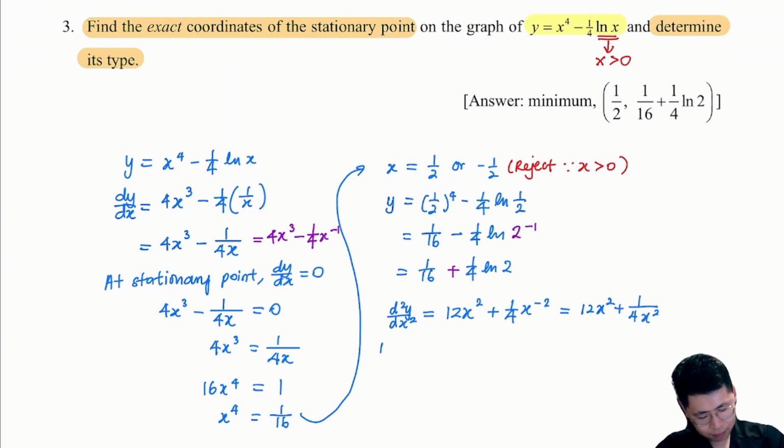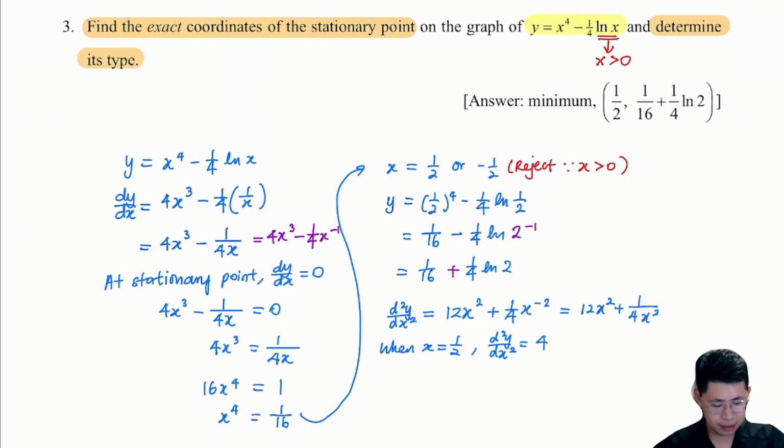So when x is equal to half, putting all this into your calculator, d2y/dx squared is equal to 4. Because of this, this is more than 0. So the coordinates are half and 1 over 16 plus 1 over 4 ln 2. This is the exact coordinates. Exact means exact value; numerical value means 3 significant figures. So this exact coordinate is a minimum point.